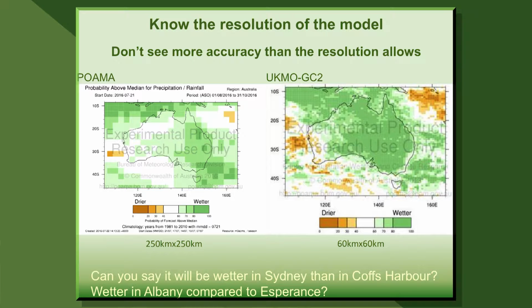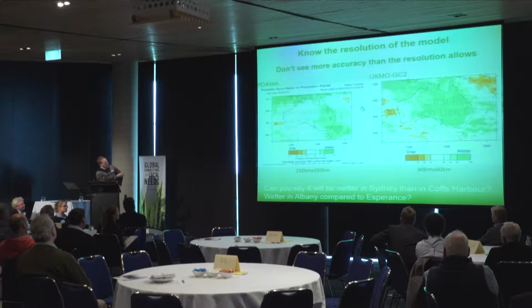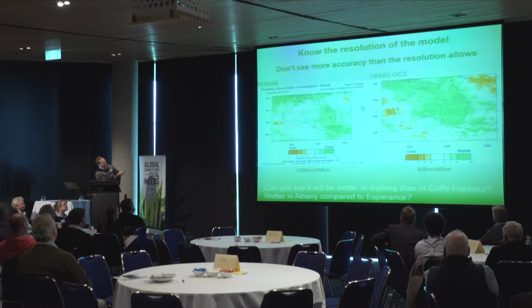So what I propose is that on the current model, things are saying it's a bit wetter around Sydney. But if you said, how about up around Ballina, can you make a big difference between what's happening here and up here? There was supposed to be a slightly wetter section around Albany.